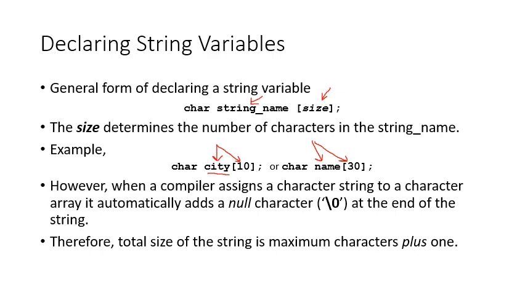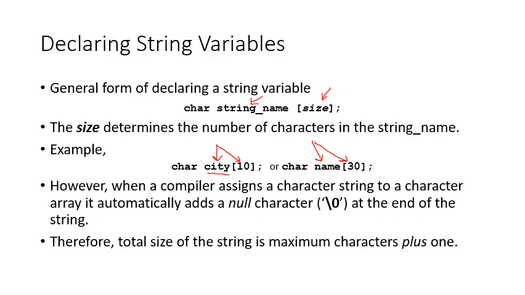However, when a compiler assigns a character string to a character array, it automatically adds a null character, that is \0. This is a special character which is added at the end of the string. So every string you enter in your system will have this null character, and it is the last character of that particular character array, right?